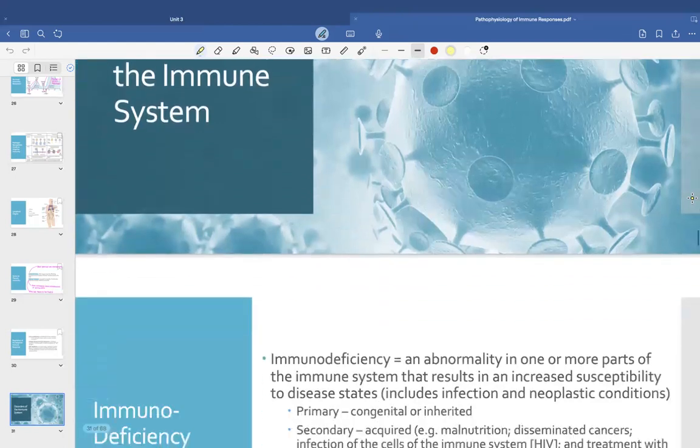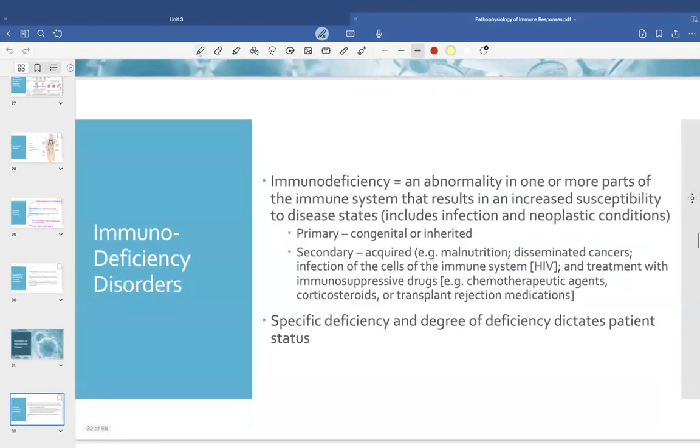When you have disorders, you've got to think broadly. Most of your primaries are going to present at what stage? I'm saying most, not all, but at what stage of life? Early, good. Especially when we're talking about the immune system.